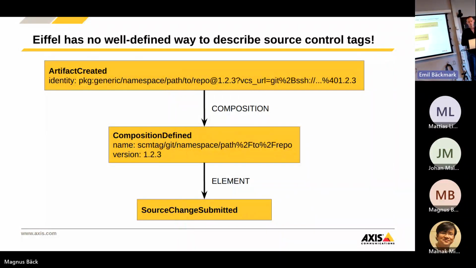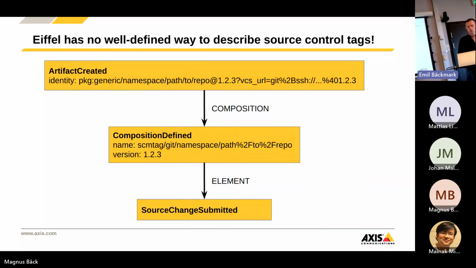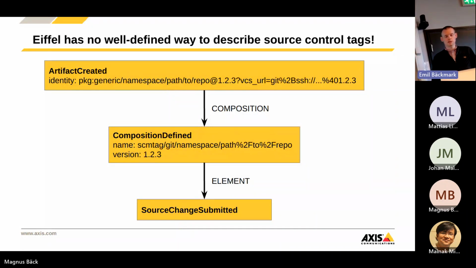So is there any reason not to introduce an event that basically just points to a source change submitted and says this commit has this tag? And quite possibly you might want to include the repository information also in that, so you can search more easily.